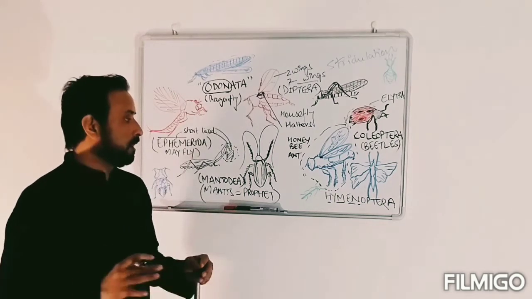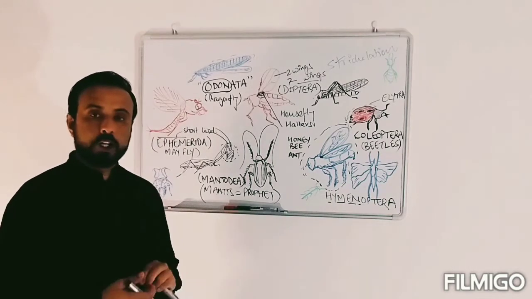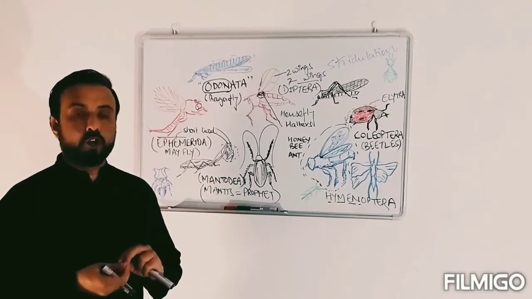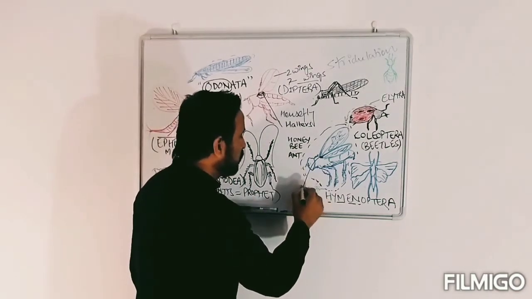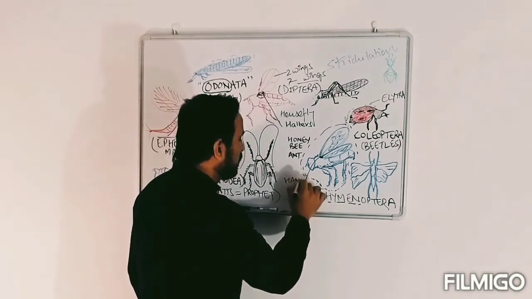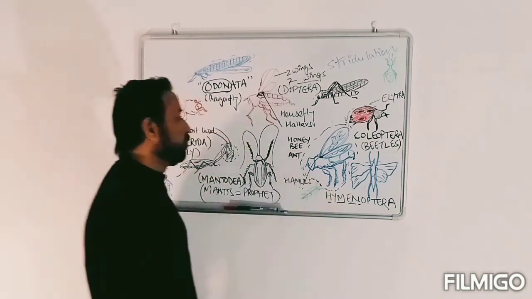In all the insects that belong to Hymenoptera, they are connected by small hooks called hamuli.